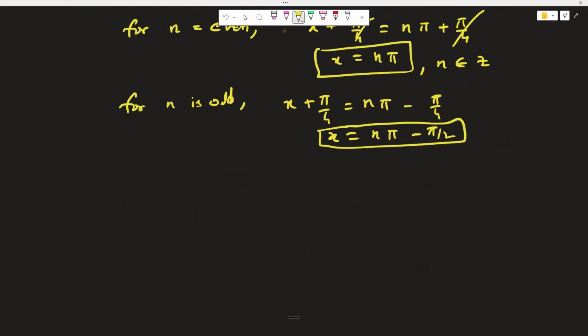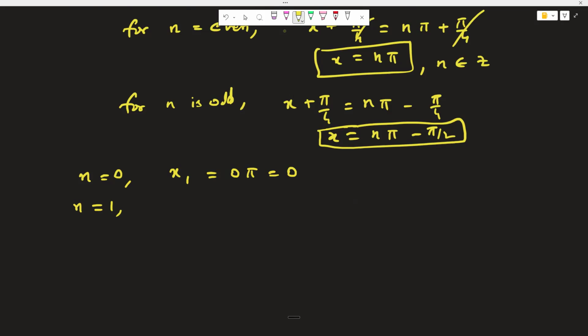Let us take the values one by one. The range was from 0 to 10 pi, so let us start with n is equal to 0. Since 0 is an even number, 0 into pi is nothing but 0, which is x1 is equal to 0. We require the number of values, and also x1 and x4 to calculate question number 16.